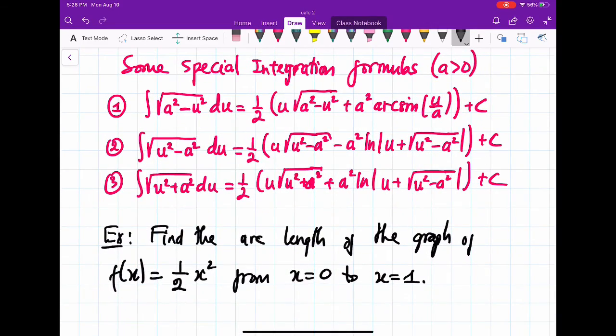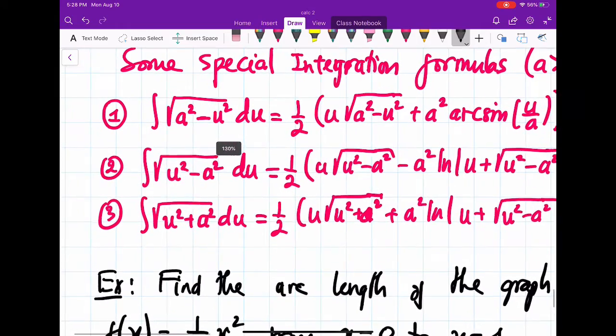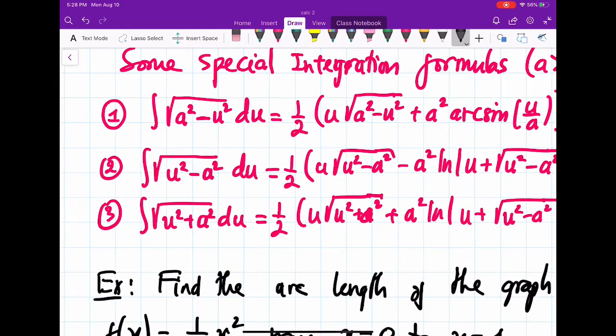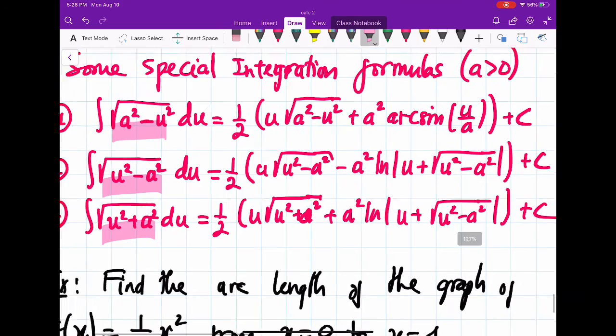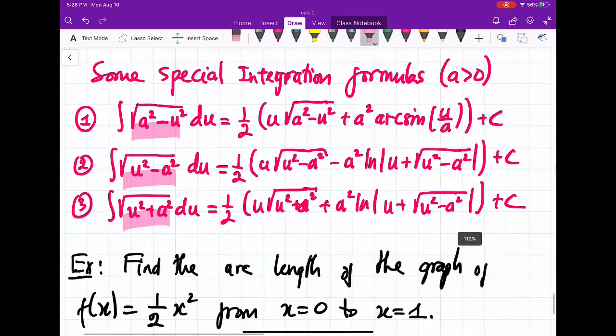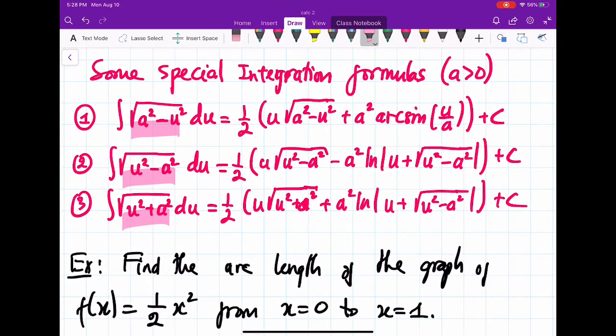So you have the integral of square root of a squared minus u squared, and that is basically 3 basic forms. But you see, those are very huge formulas. Of course, we can prove them using trig substitutions, but we don't need to do that. Just accept them, okay?